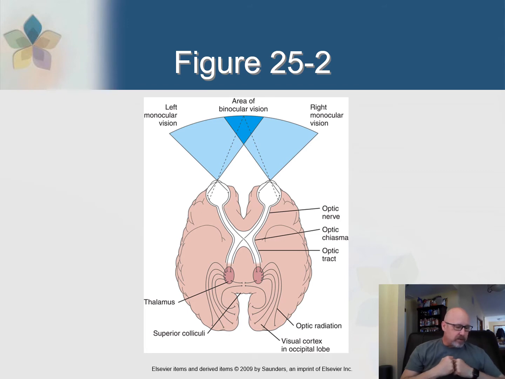Now, I will say though that your eyes are binocular in nature. They're offset. The optic nerves actually cross, as you can see in the video, the slide that you have right now.